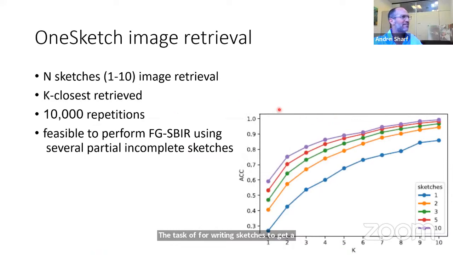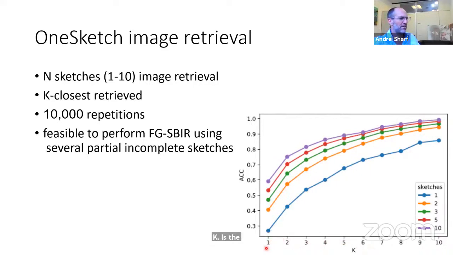We also applied the sketch paradigm to image retrieval, and we see that the colors here are the number of sketches that we use. The more sketches you use to describe a shape, of course, the better accuracy you get in the retrieval. Here, the K is the K top retrieved.